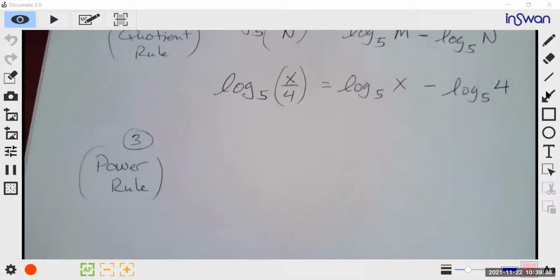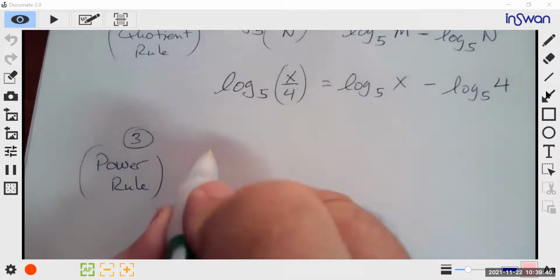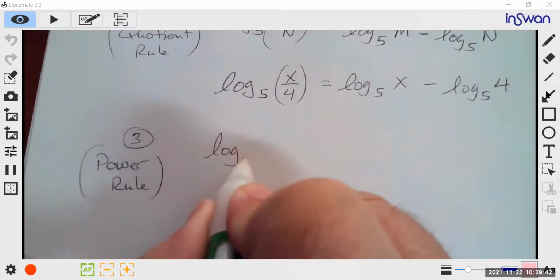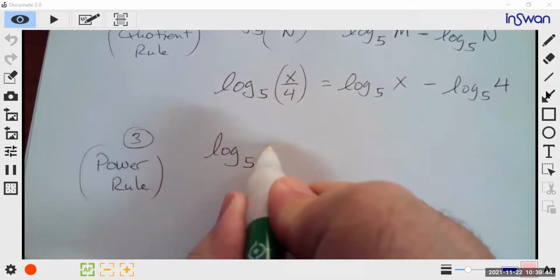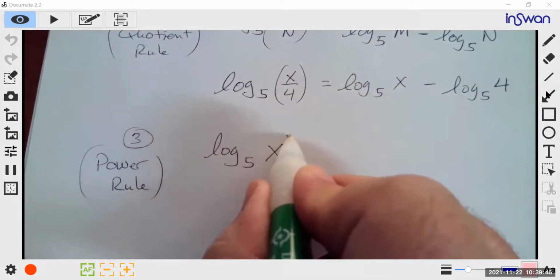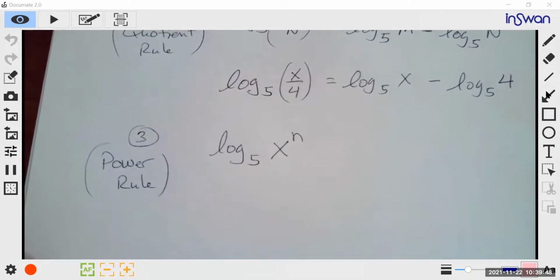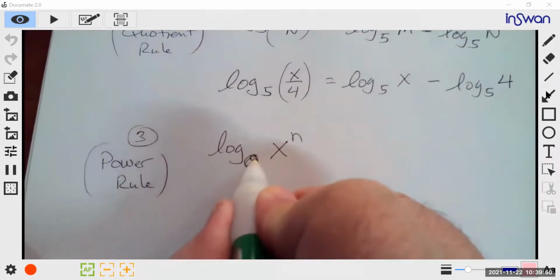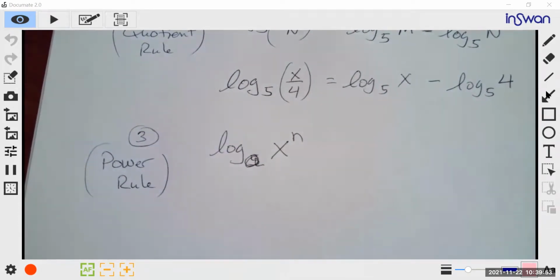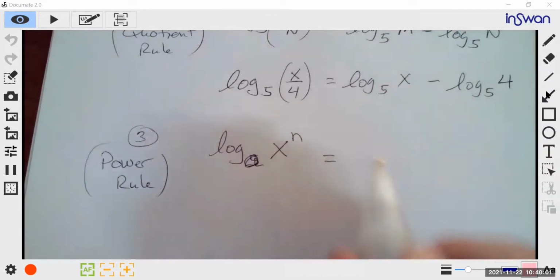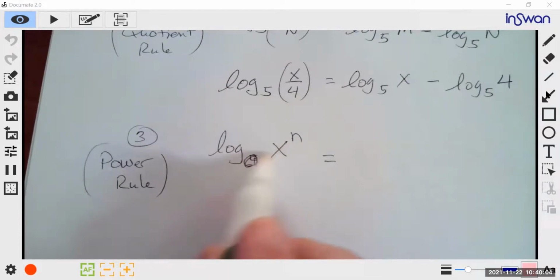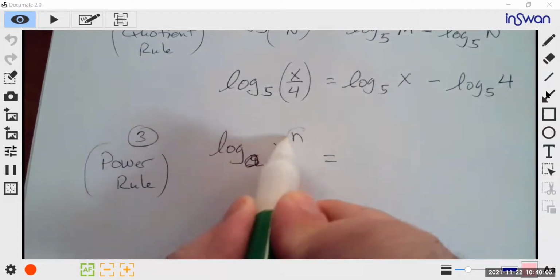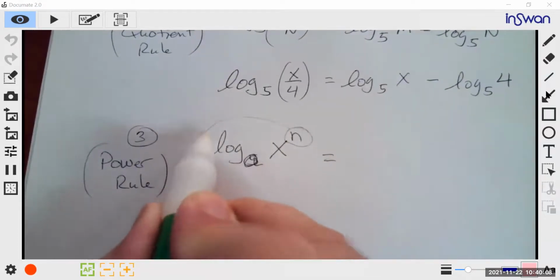The power rule. Log base a, any base, it could be any base, of x to the power n. You cannot have exponents when you deal with logs. So that exponent comes out in front.